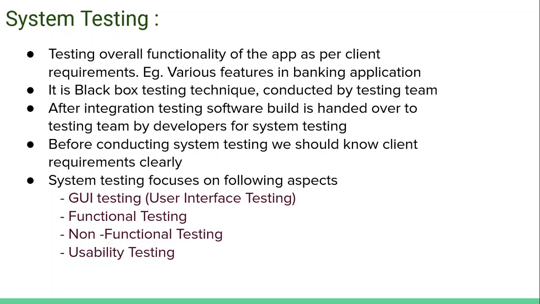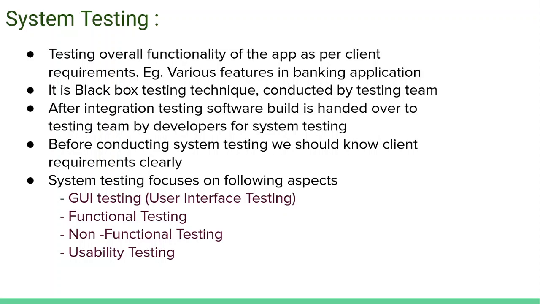Normally system testing is conducted after integration testing, and that specific build is handed over to the testing team by developers for system testing. Before conducting system testing, what is important is that the testing team should know the client requirements clearly.